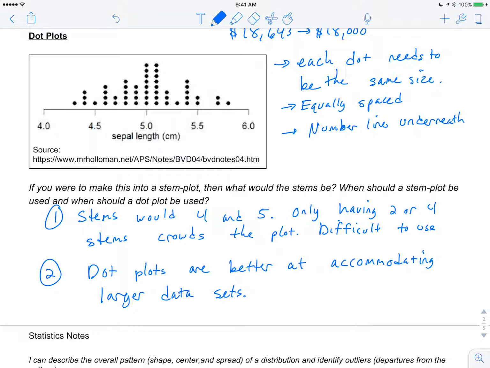So each of these types of plots has their place. If you have a substantially large data set, just skip the stem plot. It's not really going to work out for you.